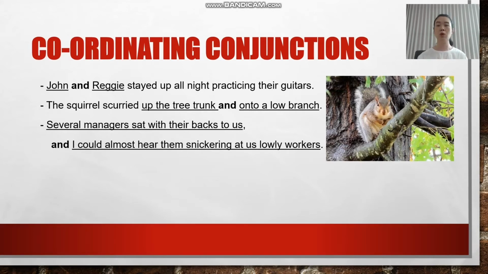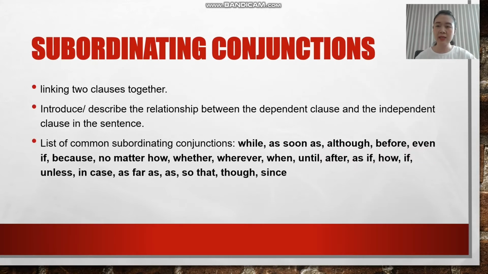Wow. So for coordinating conjunctions, I just picked the word and as the representative of this type of conjunction. And that shows that they can be used to join two words together, two phrases together, and also two clauses together. Alright, good.